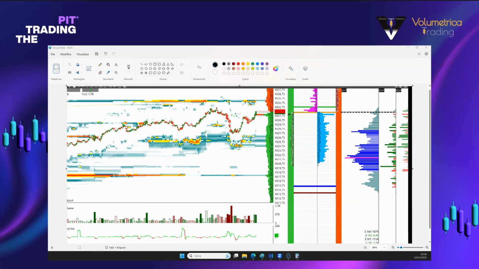There was this liquidity right here that in that moment acted as an attraction liquidity. Could that have been traded to the downside right here? No. Or at least it was quite dangerous, even if after we had the down move. It was quite dangerous right here because we were very close to it.